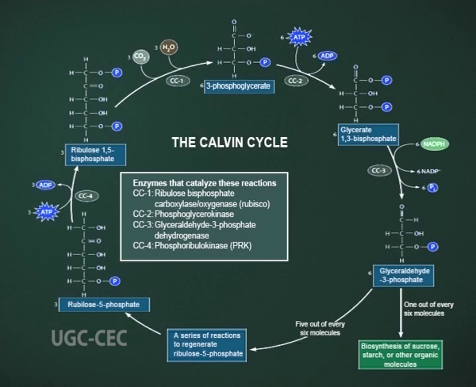Some of the glyceraldehyde 3-phosphate is used to synthesize glucose and other organic molecules, and some is used to regenerate the 5-carbon ribulose molecule, so this pathway is a cyclic pathway. When 3 molecules of carbon dioxide are fixed, there is a net gain of 1 molecule of glyceraldehyde 3-phosphate.